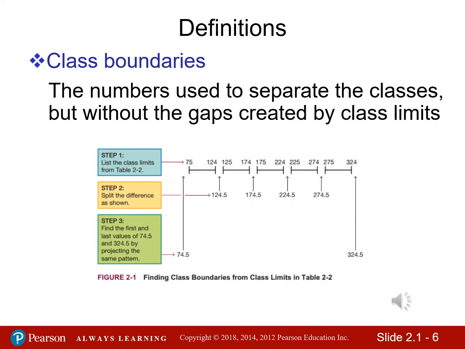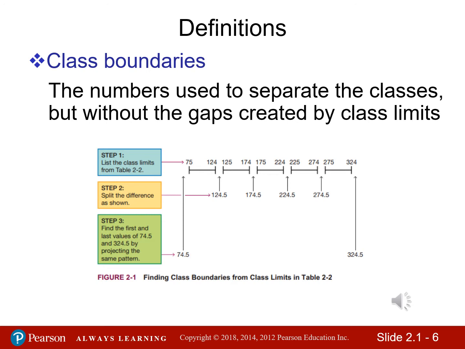Class boundaries are the numbers that we use to separate the classes so that there will be no gaps that are created by class limits. Let's look at Figure 2-1. You can see that there are gaps that are created by the class limits that we saw from the previous example, 2-2.